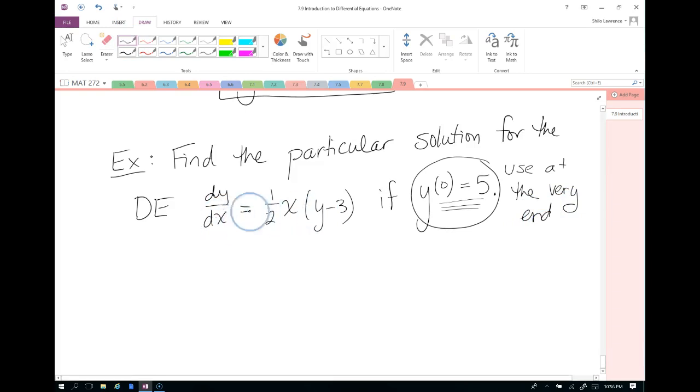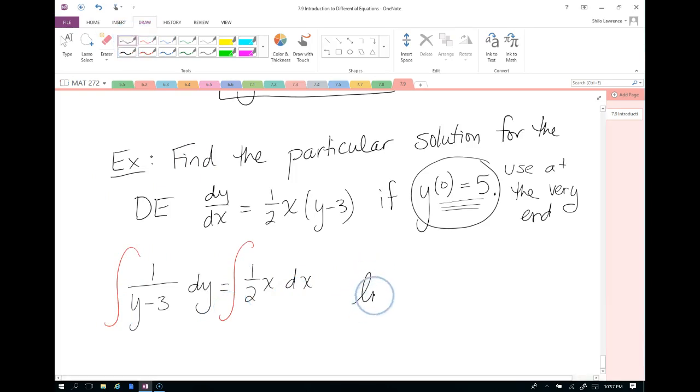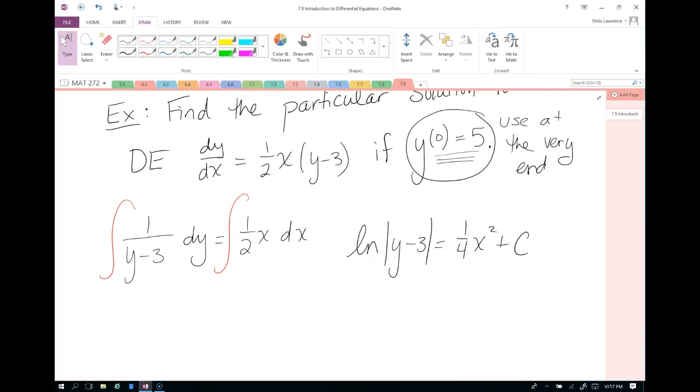So we're still just going to work with our differential equation, and we're going to separate the x's and the y's. I get 1 over y minus 3 dy equals 1/2 x dx. And then we can integrate. And that's going to turn into the natural log of y minus 3 equals 1/4 x squared plus c. And I'm going to go ahead and solve for y.